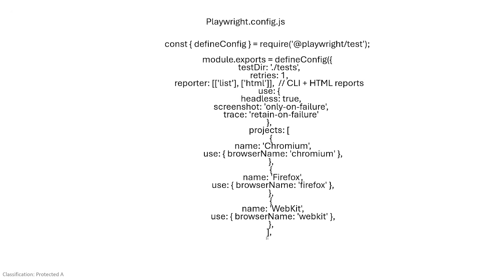How can we run multiple browsers for testing? First, we need to update the Playwright config.js file. Here is the update, like the project name. We give the name Chromium, browser name Chromium. Here is Firefox and WebKit.